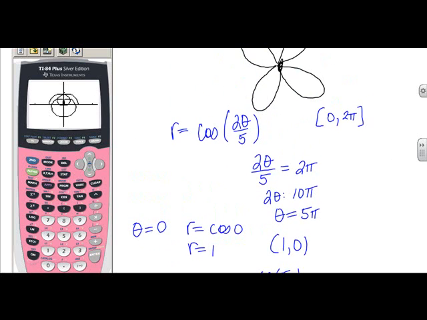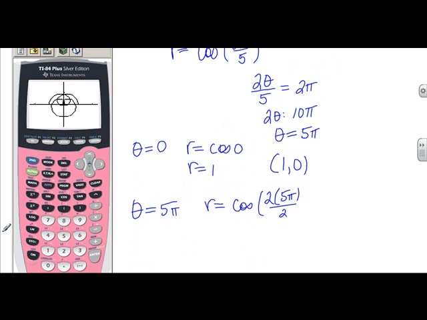Then we're looking at r is equal to the cosine of 2 pi. Cosine of 2 pi is 1 also. So that ordered pair is (1, 5 pi). Now the problem is these 2 points aren't in the same place.